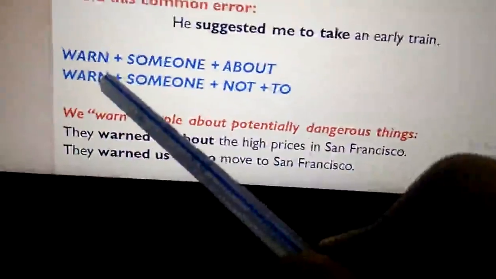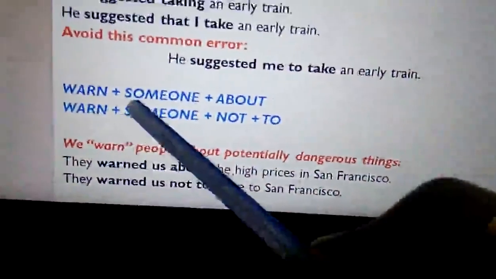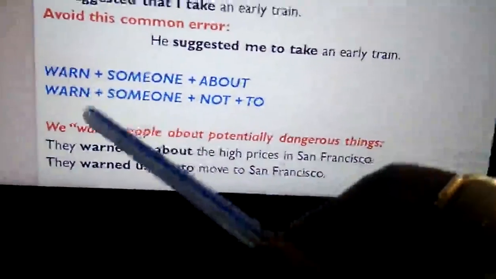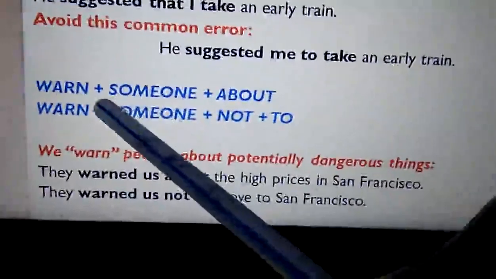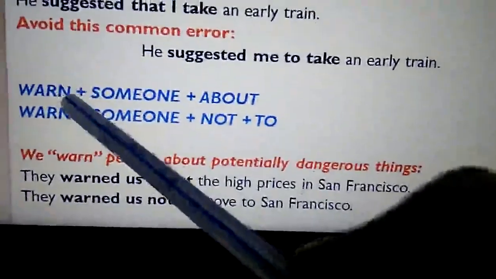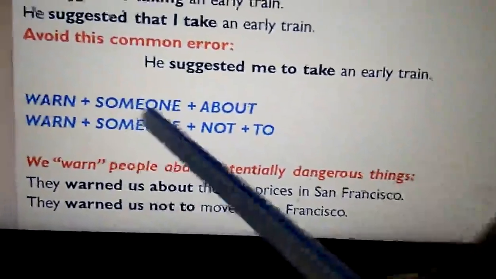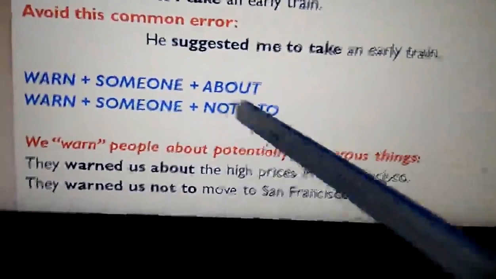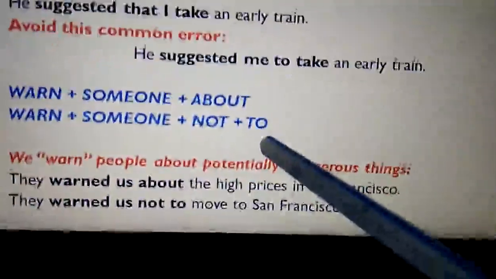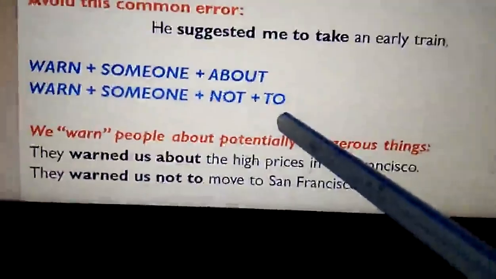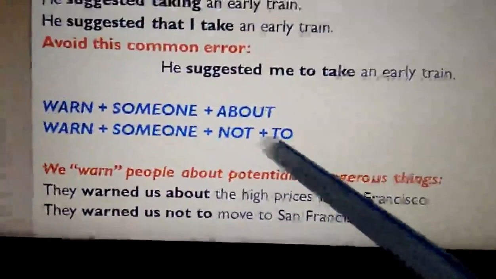And one more verb which we use is warn. When we are using warn as the reporting verb, the pattern should be like this: warn plus someone plus about, or warn plus someone plus not plus to. These are the two patterns which we follow when we are using the reporting verb warn.